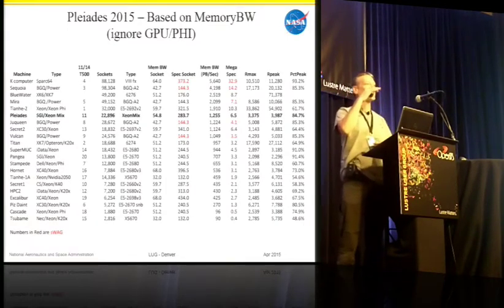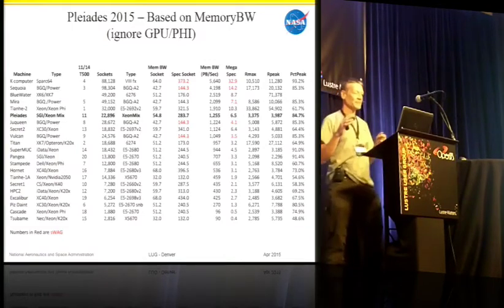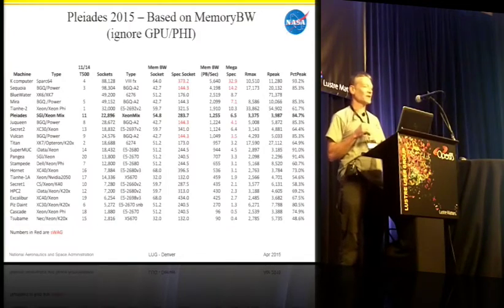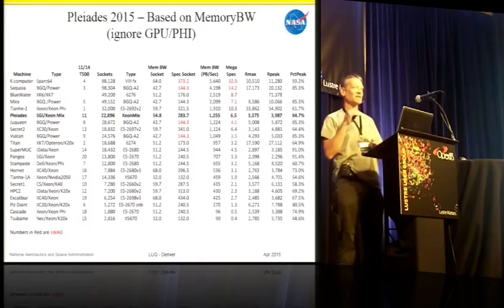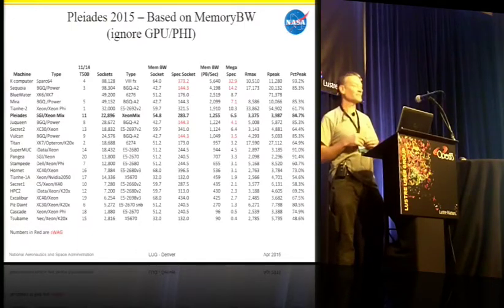And so if I looked at this interesting chart here of where does NASA fit, right? So if we were taking NASA codes and running them on any of the top systems that are out there, where would it show? And so this ignores GPU and file systems because we haven't really been able to adopt those yet.